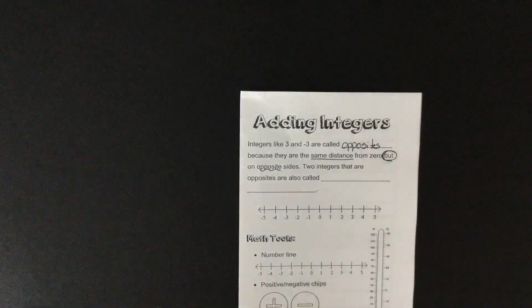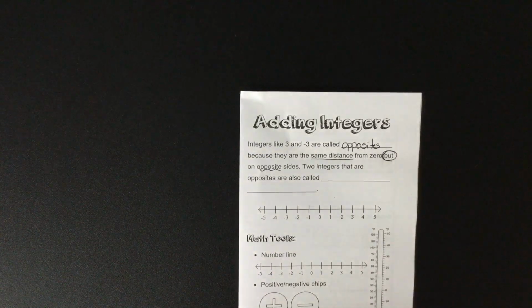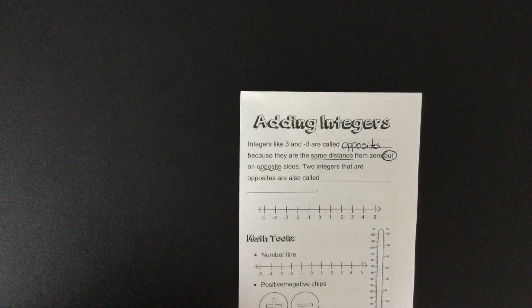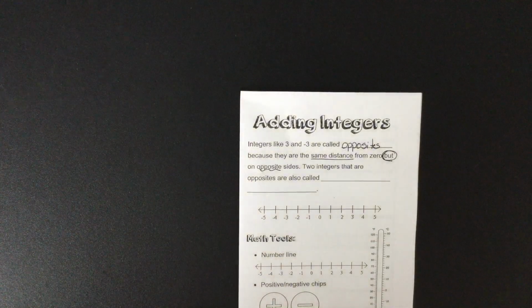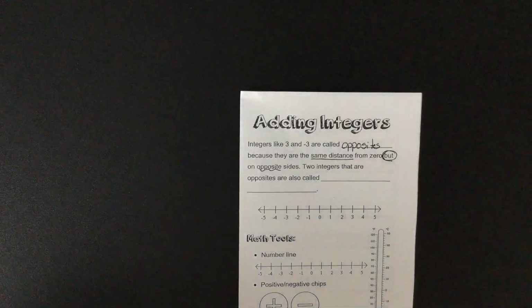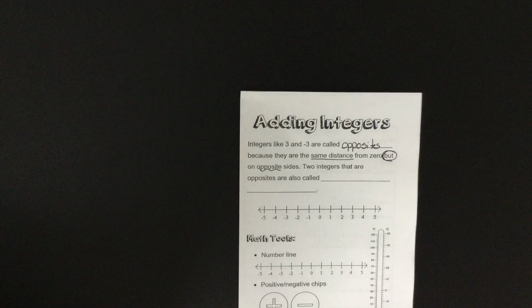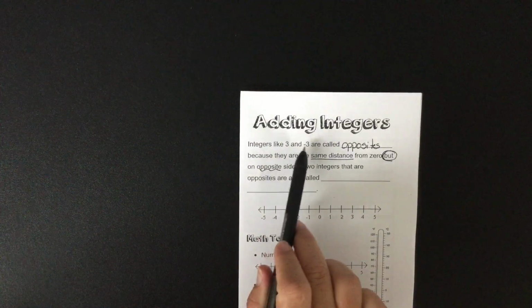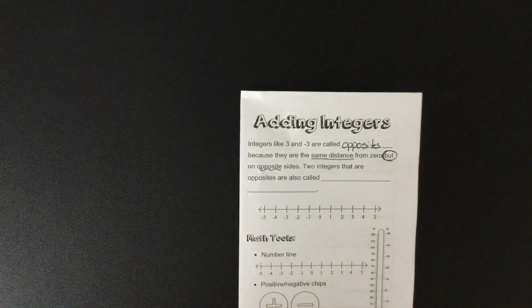If they're the same distance and they're on opposite sides, then they are opposites. If they are just the same distance, then they are what? Absolute value. Very good. Two integers that are opposites, so my 3 and -3. Here's a new vocabulary word.